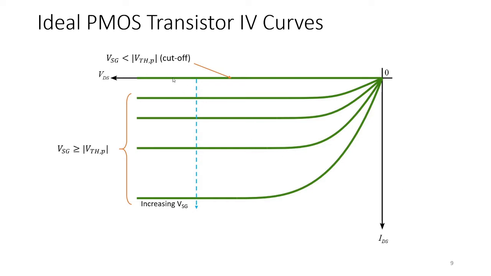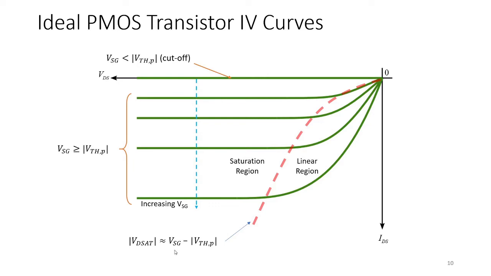As we increase VSG, the transistor will turn on, and as you increase VSG, the magnitude of IDS increases. Now we can also show that there is a boundary here. VDSAT of a PMOS is negative, so we use the absolute value to make things simpler.